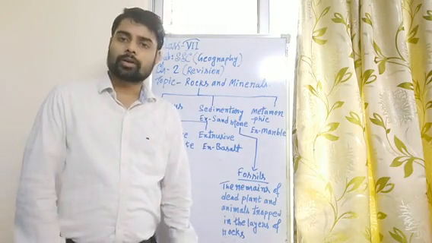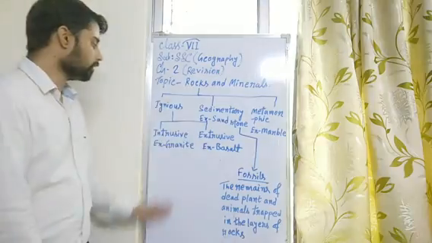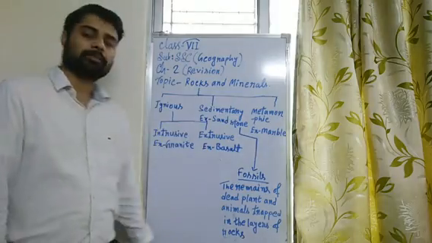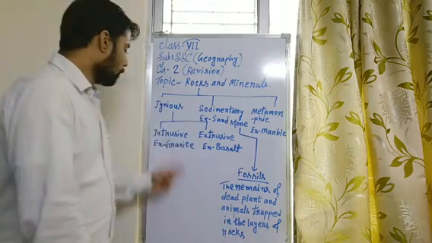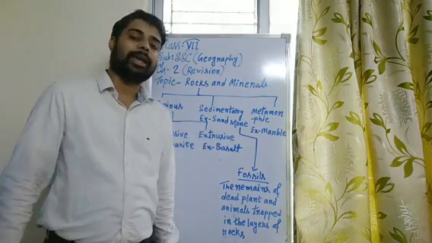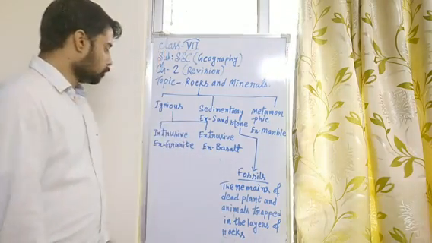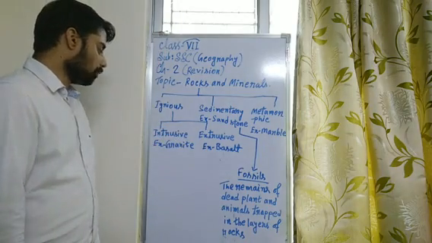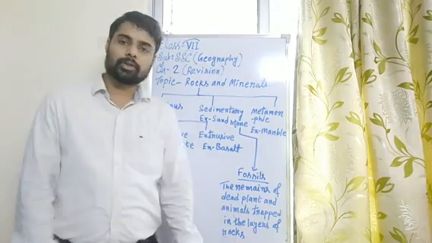Igneous rock is also divided into two parts as per their origin. Number 1, intrusive. Number 2, extrusive igneous rock. What is intrusive igneous rock?